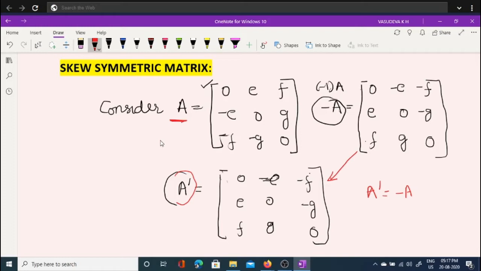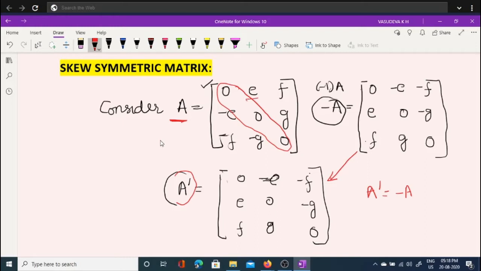Now we have to go through the characteristics of this matrix. We can observe that the principal diagonal elements are 0 here, and the elements above the principal diagonal and below the principal diagonal are the same elements but they are changing in sign.